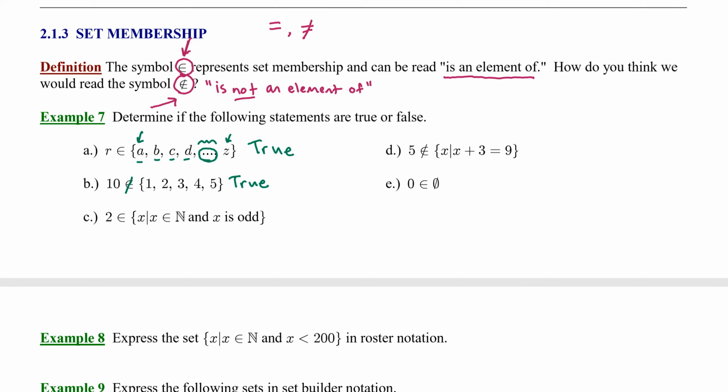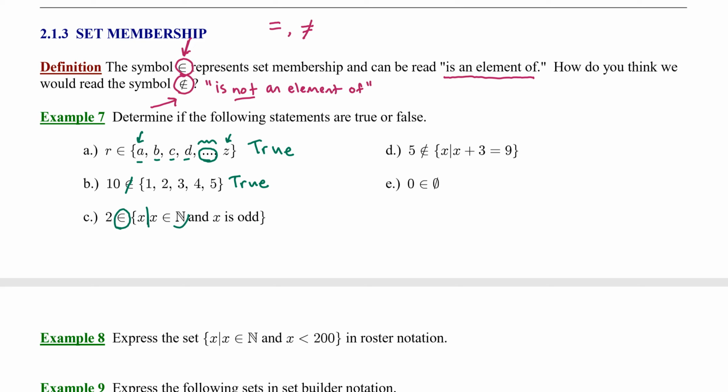Example C. 2 is an element of the set of all x such that x is an element of the natural numbers and x is odd. Notice we are dealing with a couple of new symbols here. We have our element, or our set membership symbol.